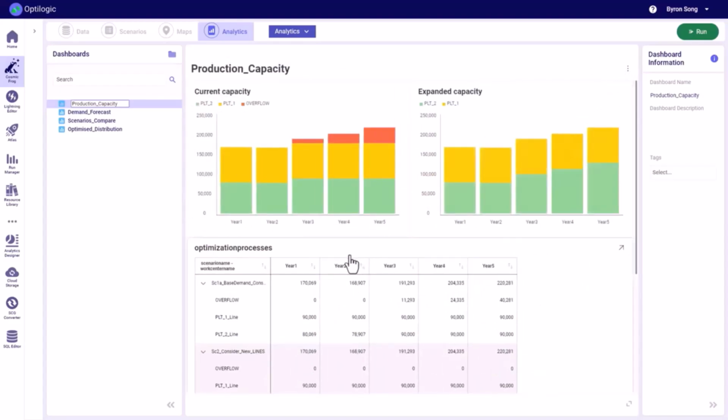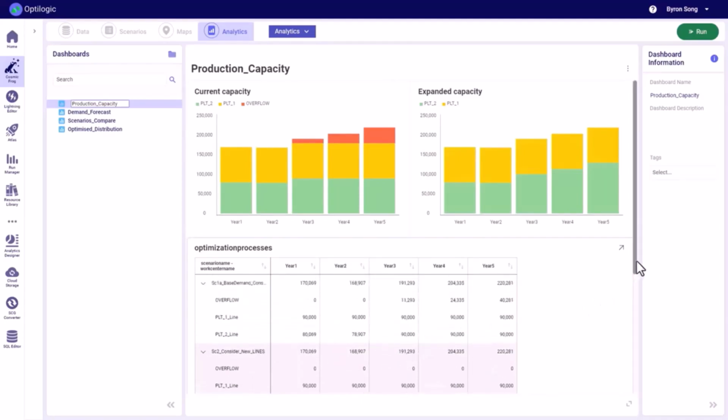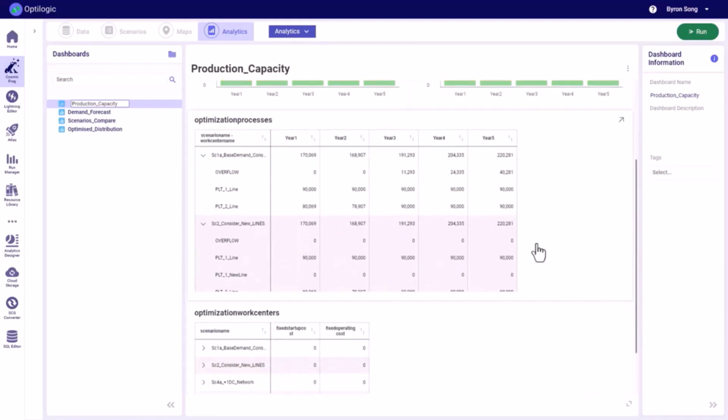We can also review the detail over here in this table of the throughput per work center. So in the baseline scenario, we can see the overflow site is being utilized, and both existing production lines are maxed out at 90,000 from year 3 onwards.